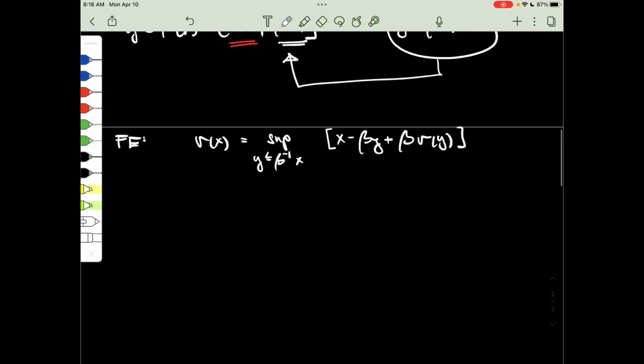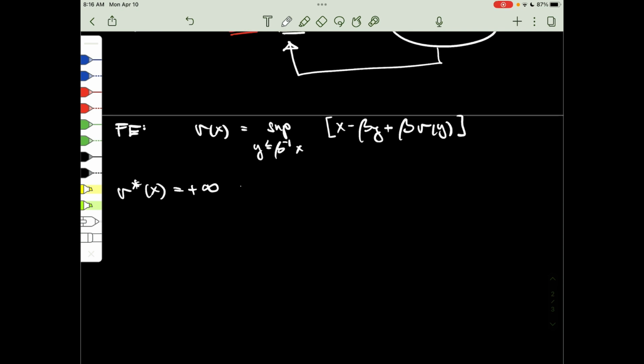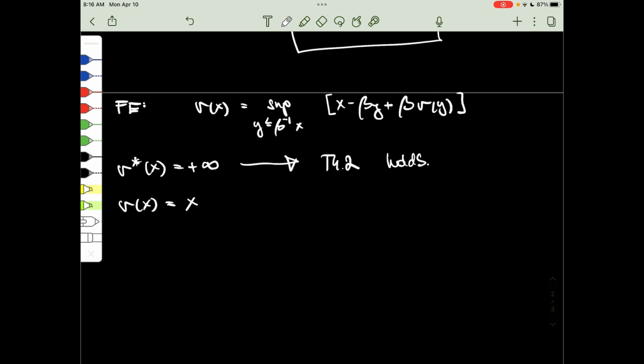Okay, so what we can see is this supremum function satisfies the functional equation. So Theorem 4.2 holds. There is no problem. What we need to check now is whether the functional equation has other solutions, and it does, because this is also a possible solution for the functional equation. Let's check it.